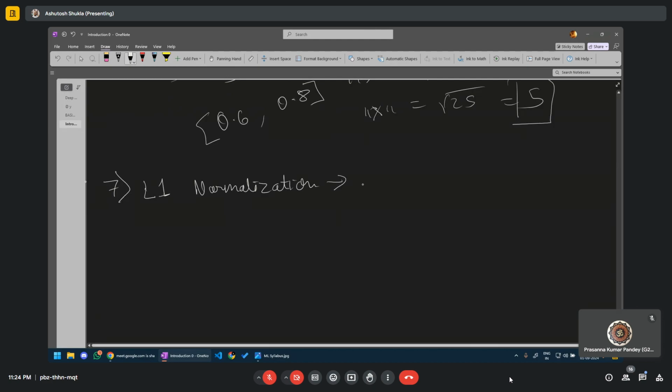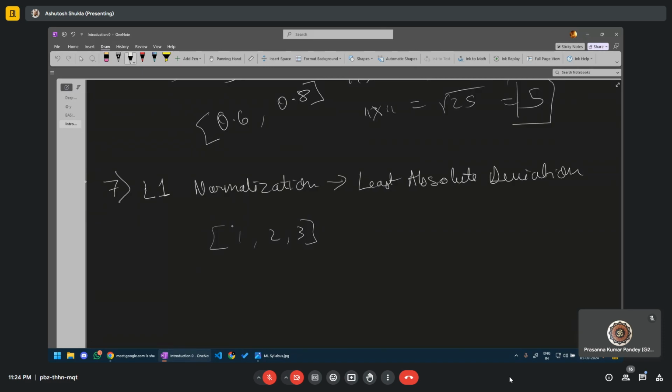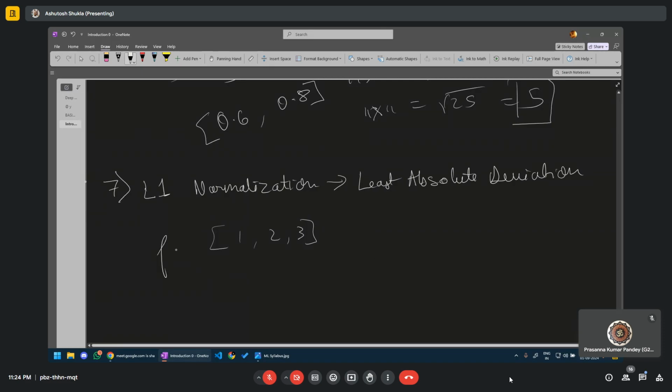Also called the least absolute deviation. All you have to do here is, if you have a vector 1, 2, 3, you want to normalize it. This is like taking 3 features together as a single feature.